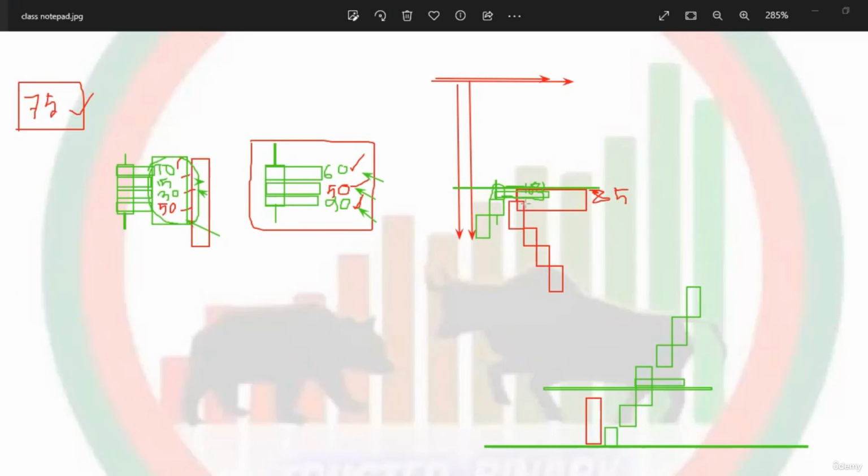Or even if the market creates any bullish candlestick, it will not create a strong candle like this. It will close below your POC like this. You have to just place your trade exactly inside this area in the downward direction. Sometimes it will give you a very weak candlestick from the buyer side, and most of the time you will get a strong candlestick from the seller side.